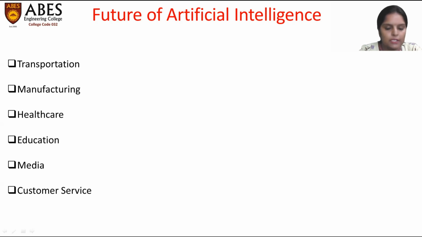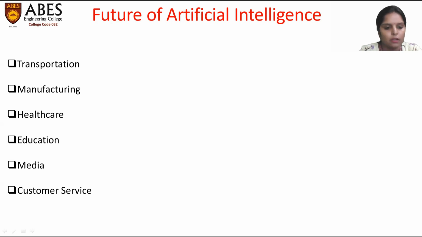Education. We can see this example due to artificial intelligence. ChatGPT gives you a lot of answers to your questions, and for students, it becomes very easy to put their question to ChatGPT and get the answer. In media, obviously, drones and all these things play a very important role.